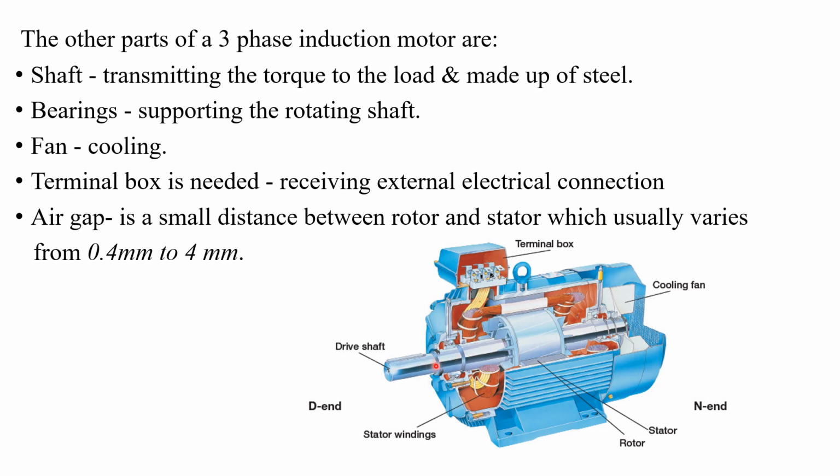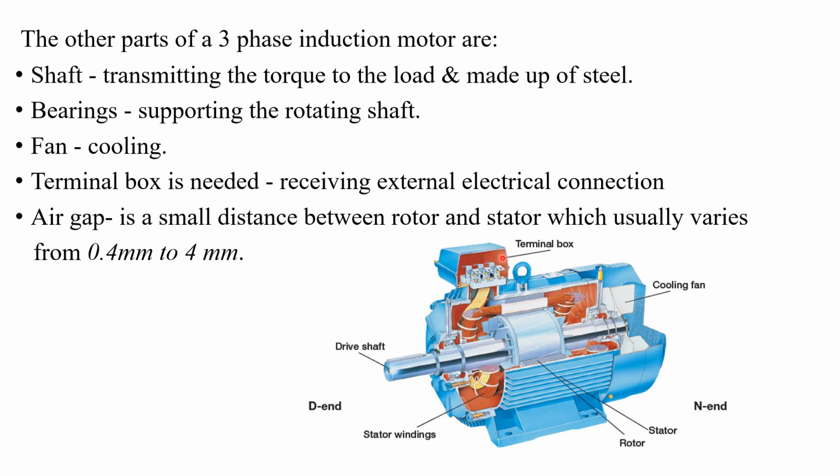Next we need bearings. The function of the bearings is to support the rotating shaft. A fan is needed for cooling purposes because more heat is induced in the induction machine, so in order to cool it, we need a cooling fan.